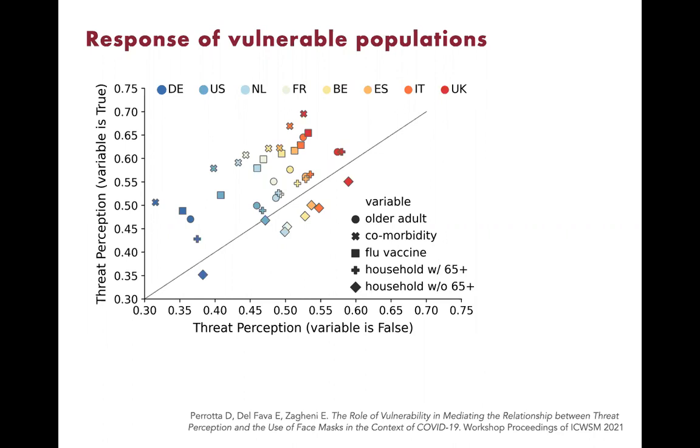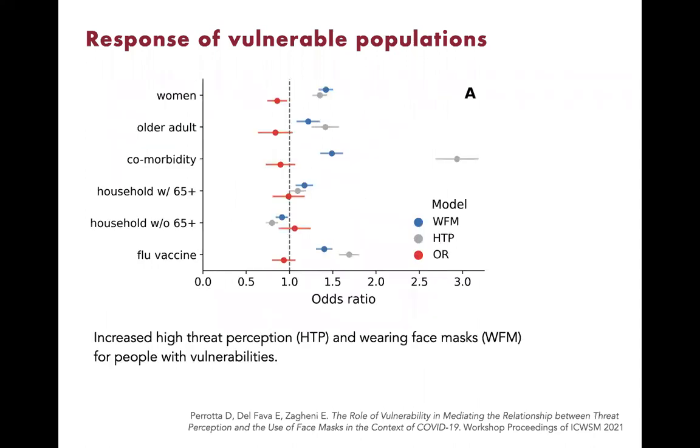And for the living arrangements, this further confirmed how people living in vulnerable households with members aged 65 plus perceive higher threat compared to people living in non-vulnerable households. And these findings are further supported statistically. We used this bivariate model and we found strong evidence of increased threat perception and wearing face masks for people with vulnerabilities.